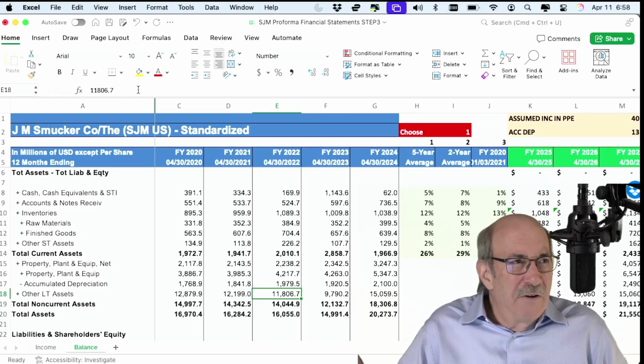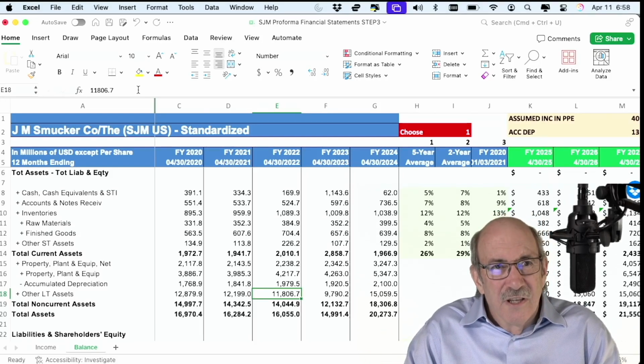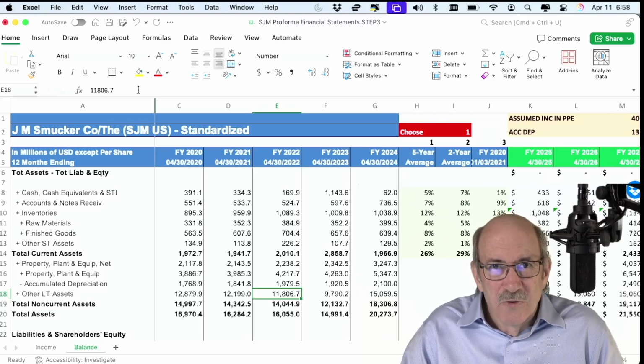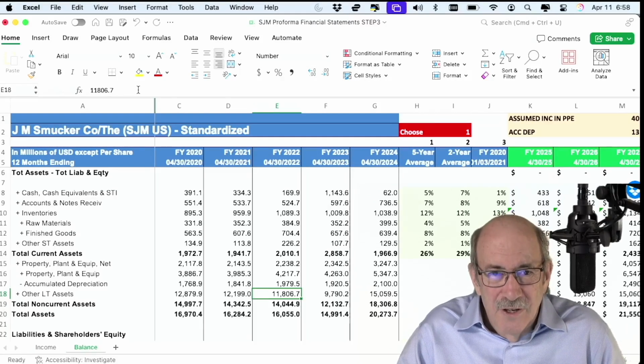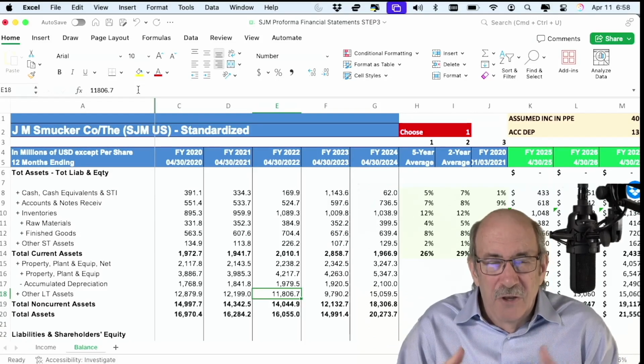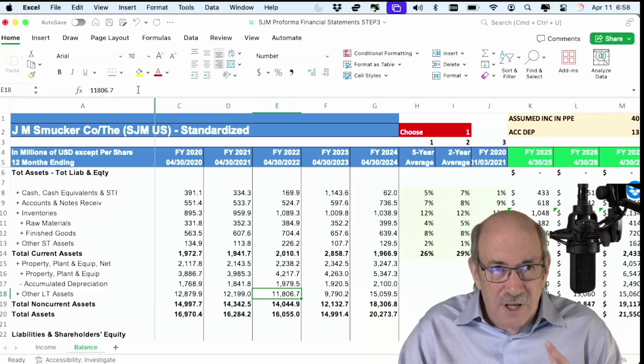I don't think I've used this analogy this semester yet, but I'm equating what we're doing to the 100-piece puzzle as opposed to the 1,000-piece puzzle. So we're not going to have as much detail. We're not going to have all the bells and whistles. We're going to have the essential stuff.